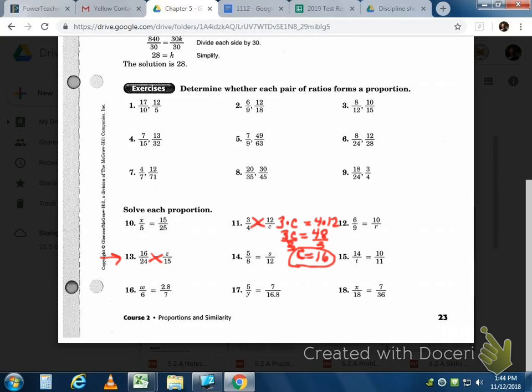So cross, cross. 16 times 15 equals 24 times Z. So we're going to let the calculator do the hard work. 16 times 15, which is 240, equals 24 Z. How do I solve for Z? Divide both sides by 24. Z equals 10.